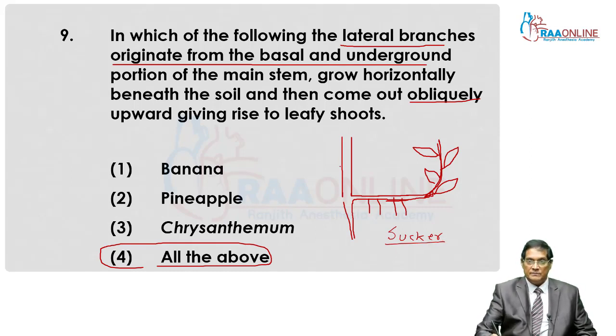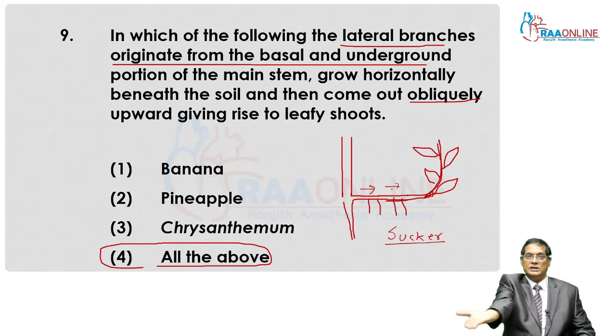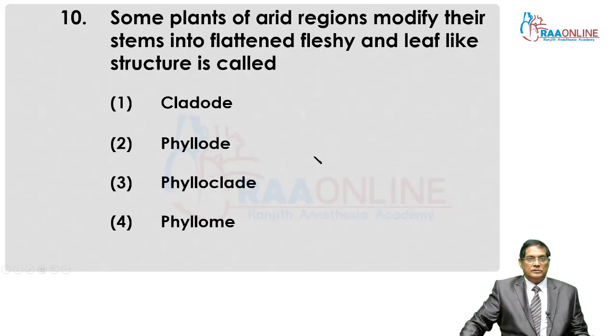This is the main stem. From the base of the main stem, this branch arises. Initially it grows horizontally, then it becomes obliquely upward.